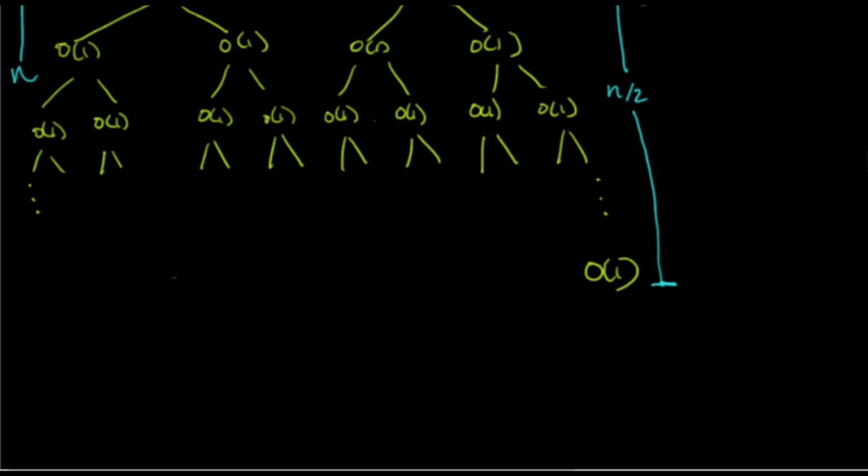And so I'm going to draw this extreme O of 1 below that O of 1. It's going to end up somewhere here. And so the height of our tree in the leftmost extreme is going to be about n. So our tree in full is going to be a somewhat lopsided tree. It's going to end up looking like that.